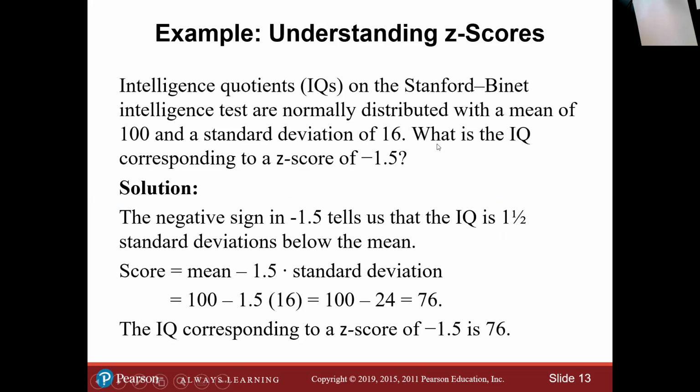Well, since the z-score is negative, we are to the left of the mean, which means we need to subtract. The mean is 100 minus 1.5 times the standard deviation, 16. So the formula says that it's 76. So an IQ score of 76 has a z-score of negative 1.5.